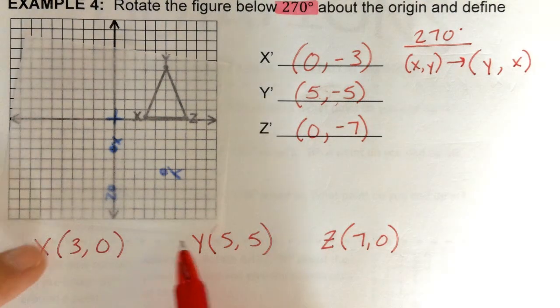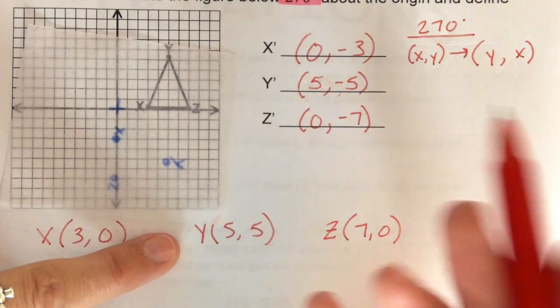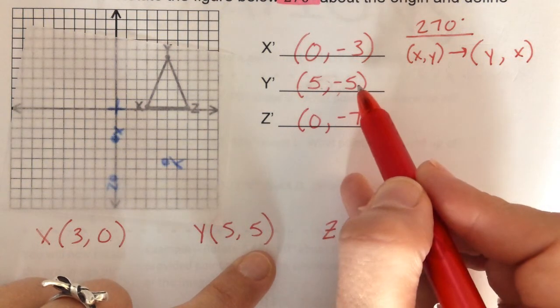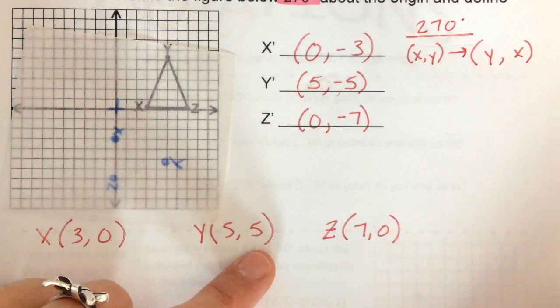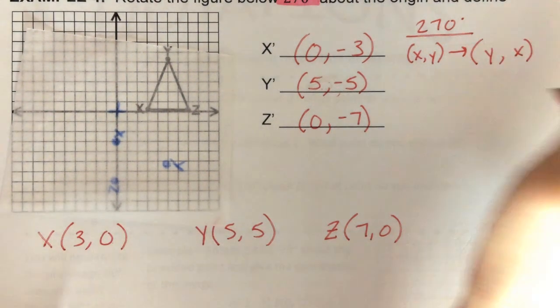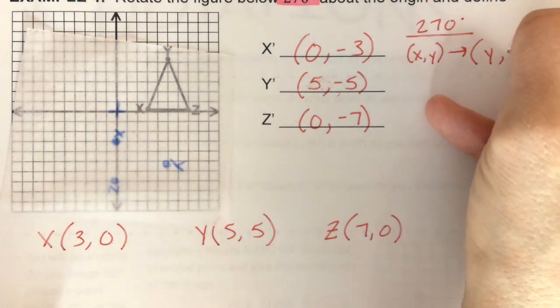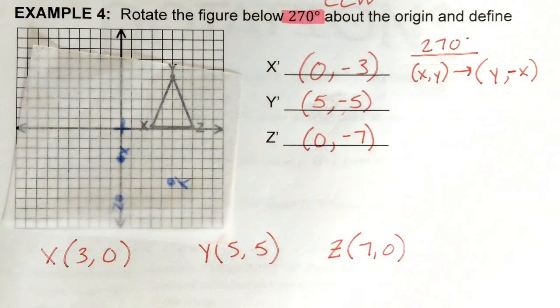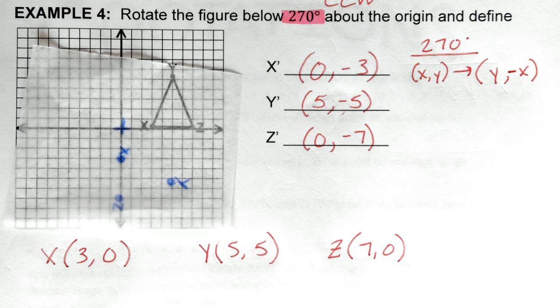Well, take a look at Y and Y prime. It's the same number of 5s, so they switch places. So now this is your Y, this is your X, but only one of them changed signs, and the one that changes signs is the X. Okay, so there's your rule. You can use the rule, you can use the patty paper, whichever one. If you can use the rule and you're great at it, please do use the rule. Okay? And that is it for rotations about the origin.